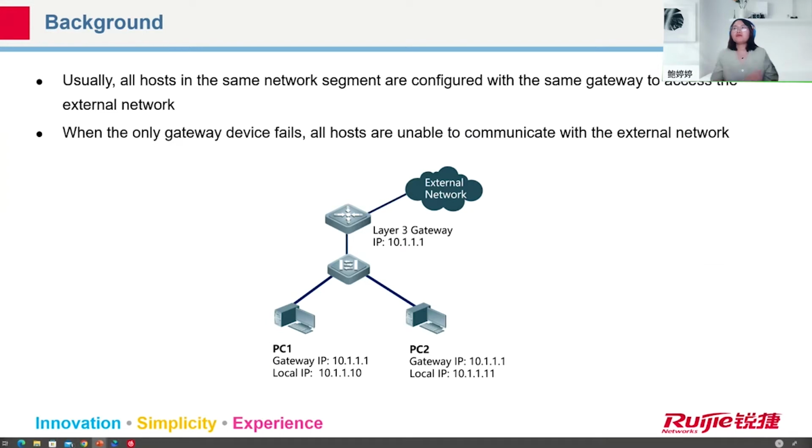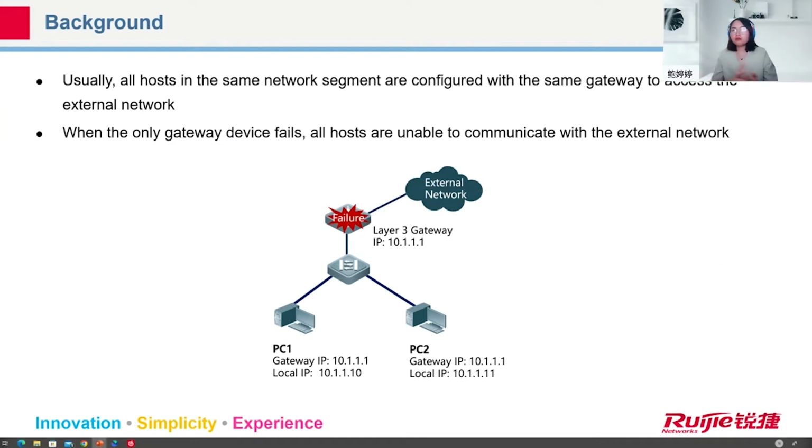If the PCs want to reach a different segment, maybe the internet, maybe the 20.1.1.0 segment, they need to ask the gateway to help. So if your gateway is broken, maybe the power is off or the interface is broken, that means your gateway cannot work, right?